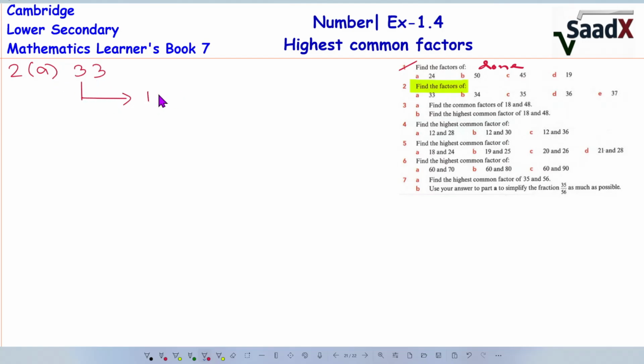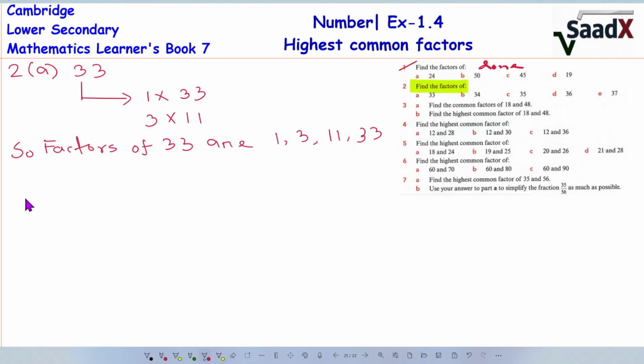We can write 1 times 33, then 3 times 11 is 33. So the factors of 33 are 1, 3, 11 and 33.